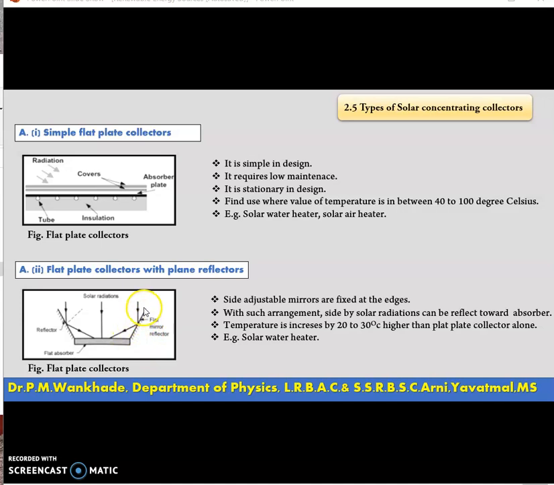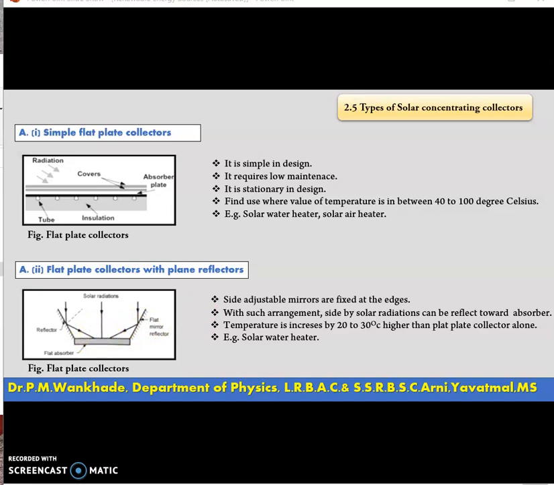At the edges we have flat plate mirrors, and solar radiation is normally incident on the absorber. There is again a mirror or flat plate reflector at the other edge. Ultimately, all this radiation is collected at a particular point of the flat plate absorber.